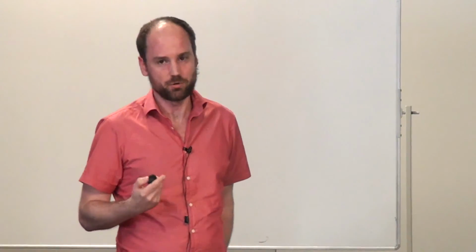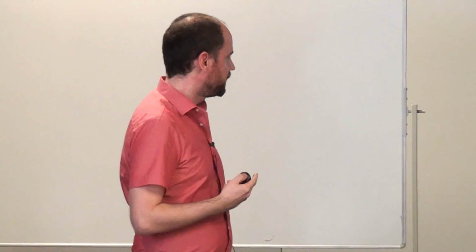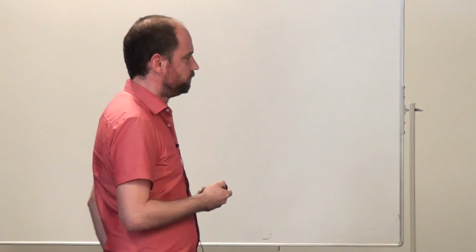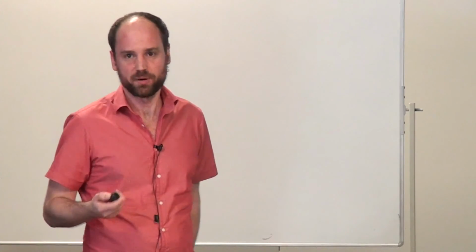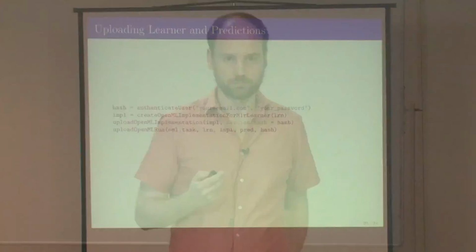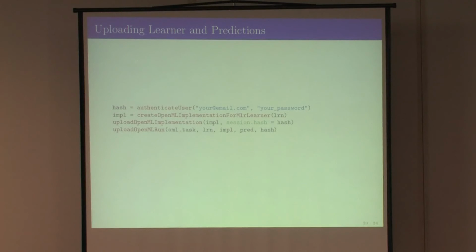I think you won't have to do this anymore in a couple of weeks because all of these learning algorithms will already be registered. And you upload the run results, which are basically the predictions, and then the server will evaluate them for you, I think for every performance measure which the server knows. You could also evaluate yourself and upload this, and then the server is going to believe you.